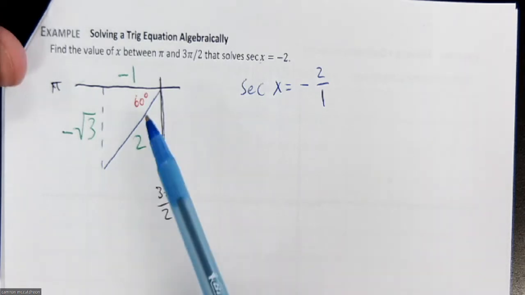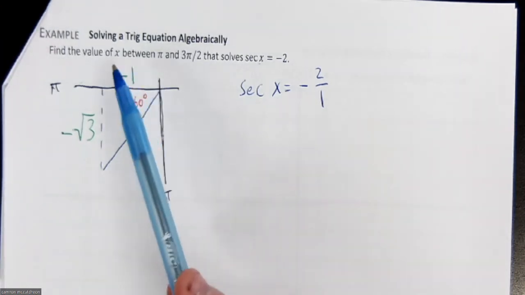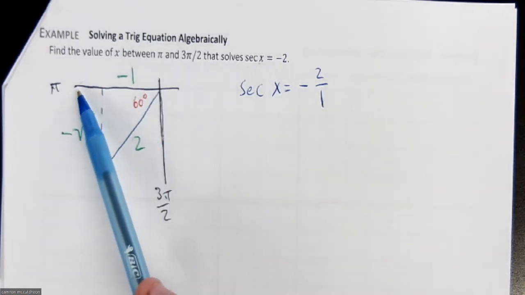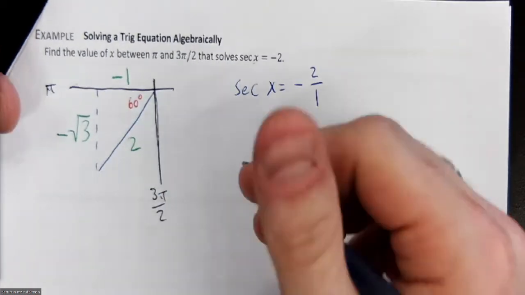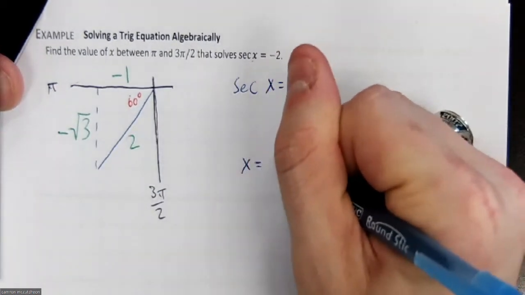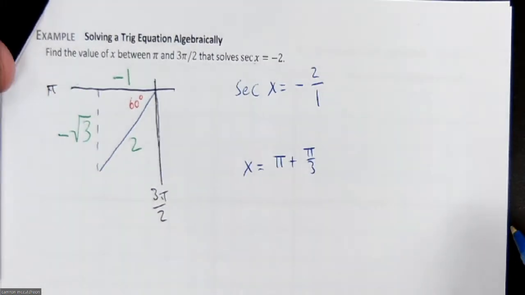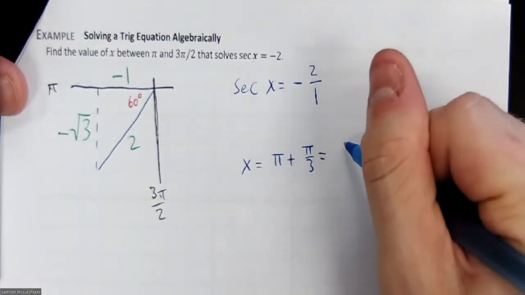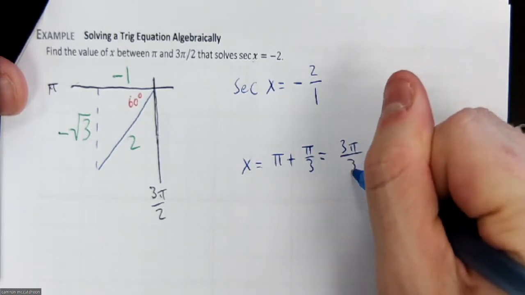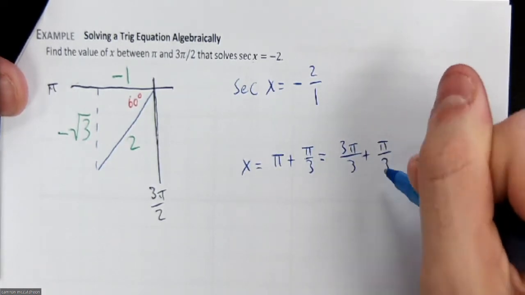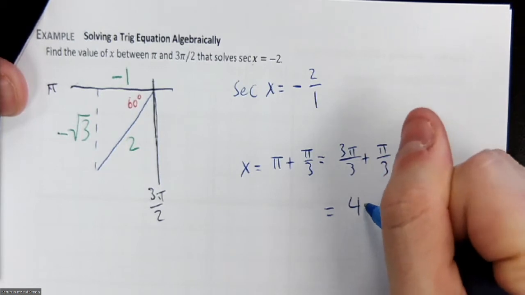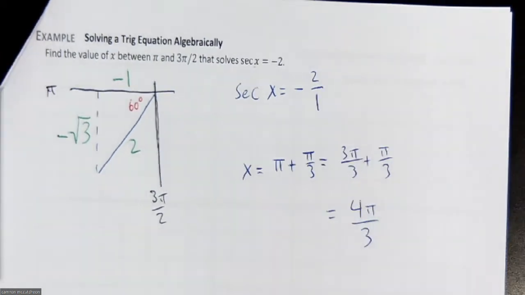Well, this is actually a pi over 3 after pi. So x would have to be pi plus pi over 3. And common denominators is going to give us 3 pi over 3 plus pi over 3, which is 4 pi over 3. There we are. So it's not that hard.